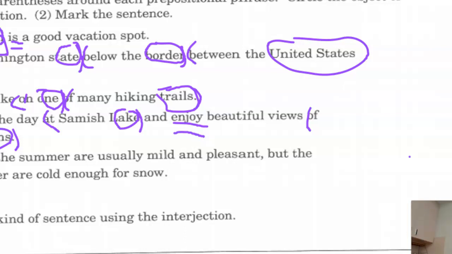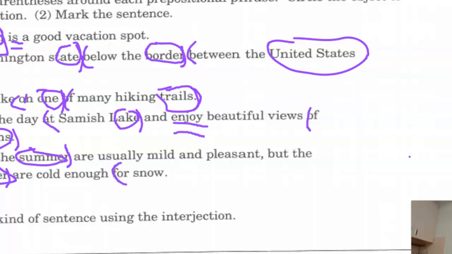Okay, and now for the last one. In the summer are usually mild and pleasant, but the temperatures in winter are cold enough for snow. So summer is our object of the preposition. Winter is object of the preposition.